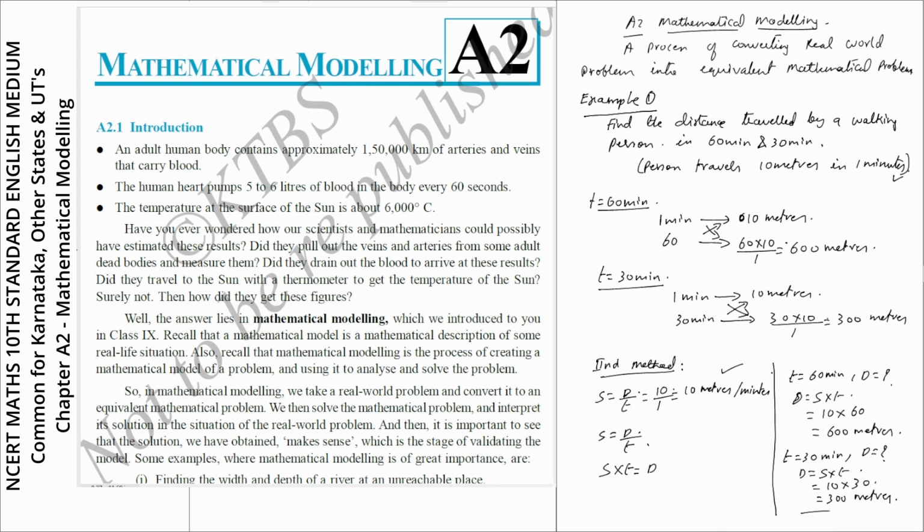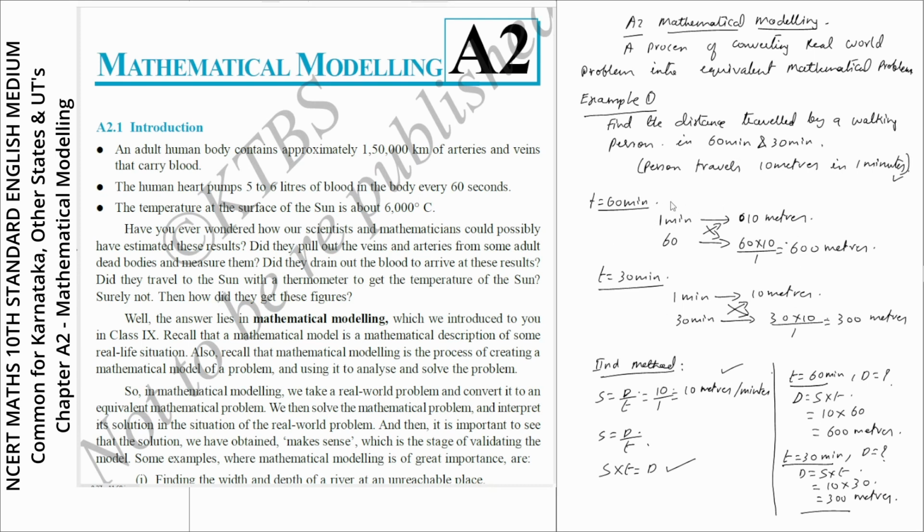So here also what I have done is I have found the formula for distance traveled, and using that formula I am finding the distance traveled by the person for any given time. The given problem was a person is traveling and we should find the distance traveled by the person for any given time. So I have come up with two models here.